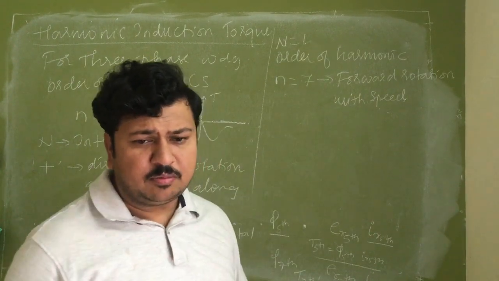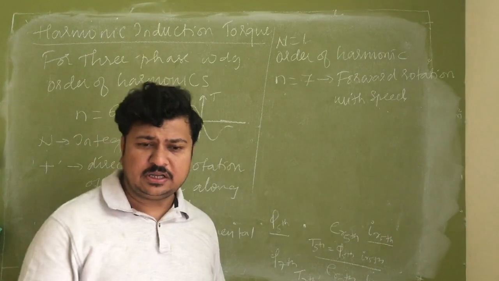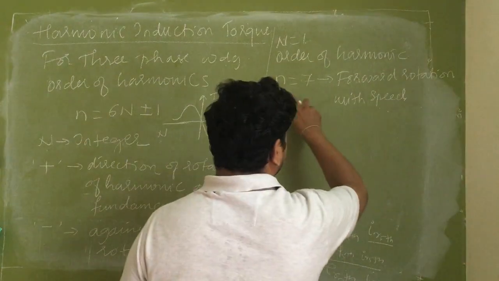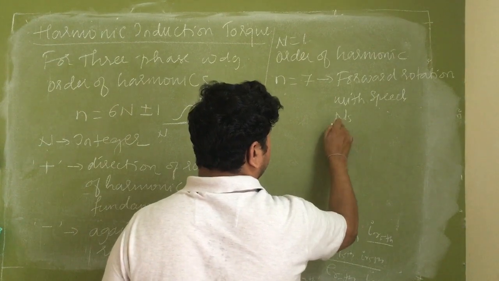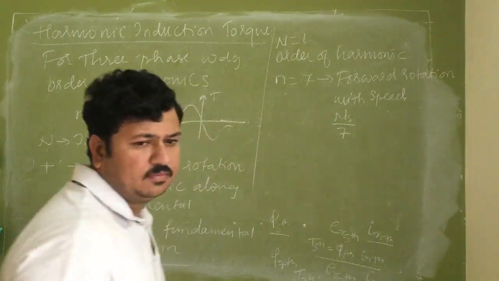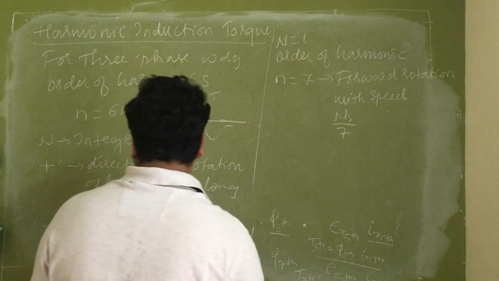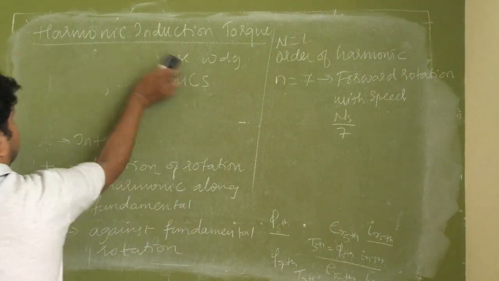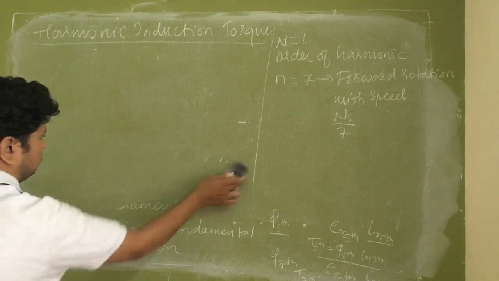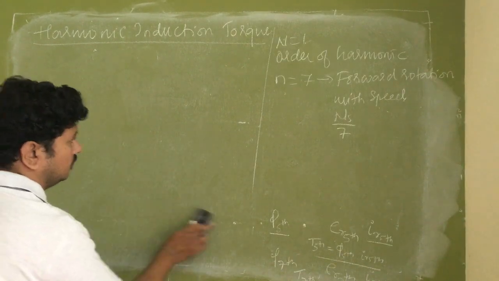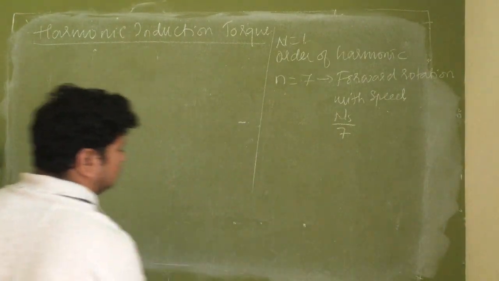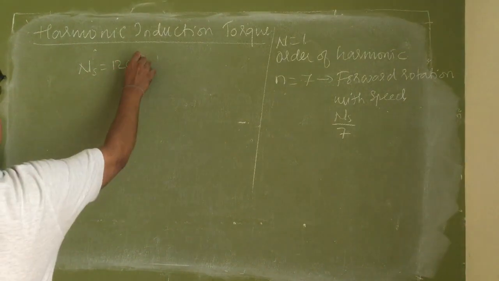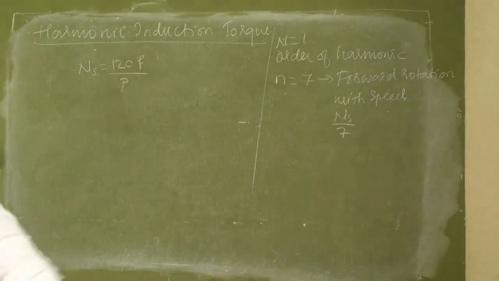The 7th order harmonic component will not rotate at a speed equal to the synchronous value. The speed of the 7th order harmonic is ns by 7, because of the equation for speed, ns is equal to 120 f upon p.